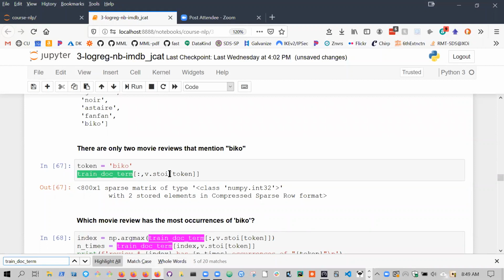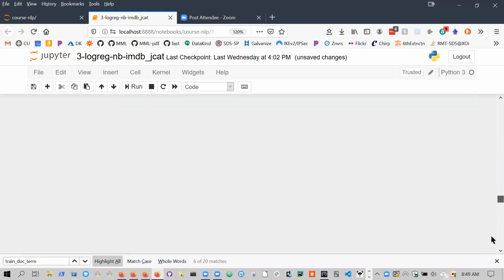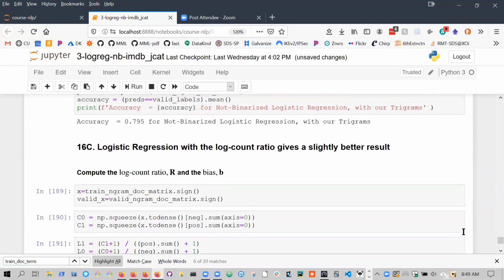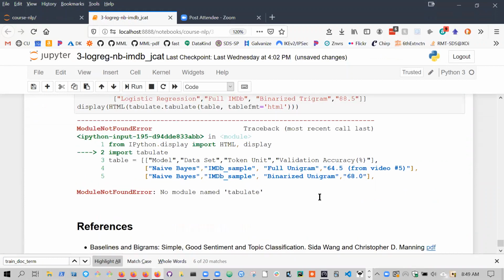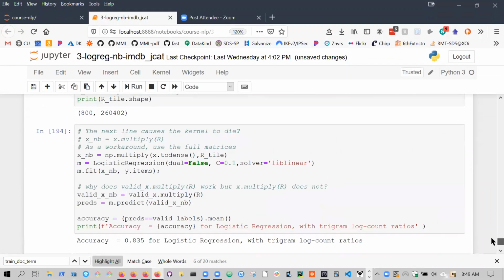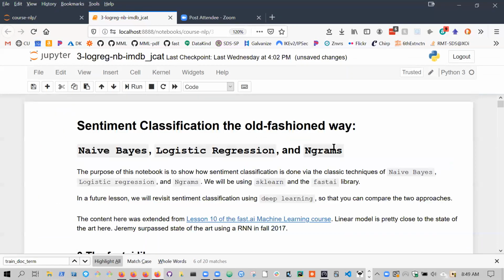Train doc term equals R. Oh, I know why this is wrong, because I ran the whole notebook before I started, and so at the end it was dealing with the entire movie reviews database.